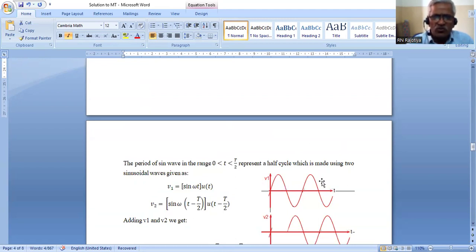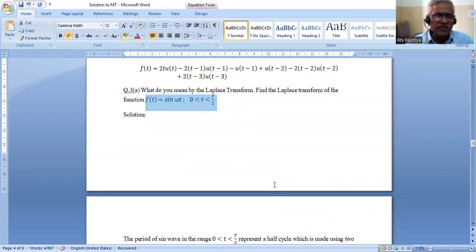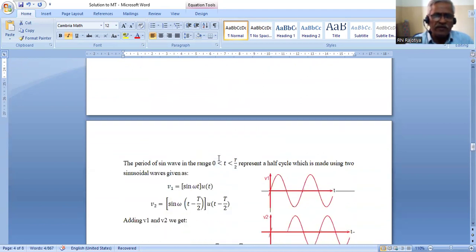So this 0 to T by 2, we'll see to it. Let's say the given signal, this signal V1(t), is the signal given in the question, sine of omega t. This is a pure sine signal, which can be written as V1 is equal to sine omega t into u(t).